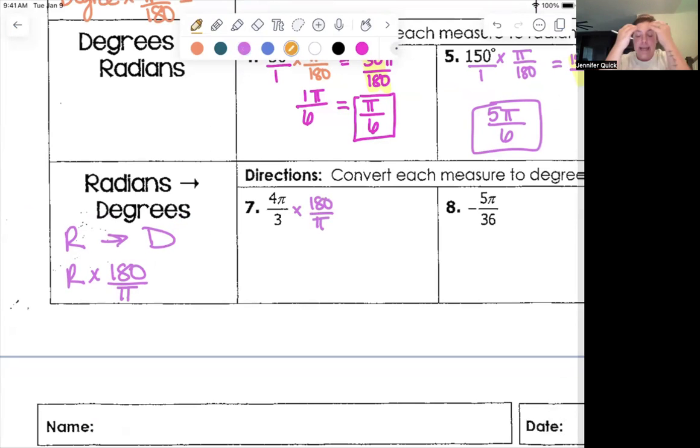So again, take my mindset of multiplying fractions and do the same thing. You could slap it all in your calculator if you want to, but do not plug in the pi's, because you're going to see what happens here in a minute. So 4 times 180, because that's my numerators, it's going to be 720 pi over 3 pi.